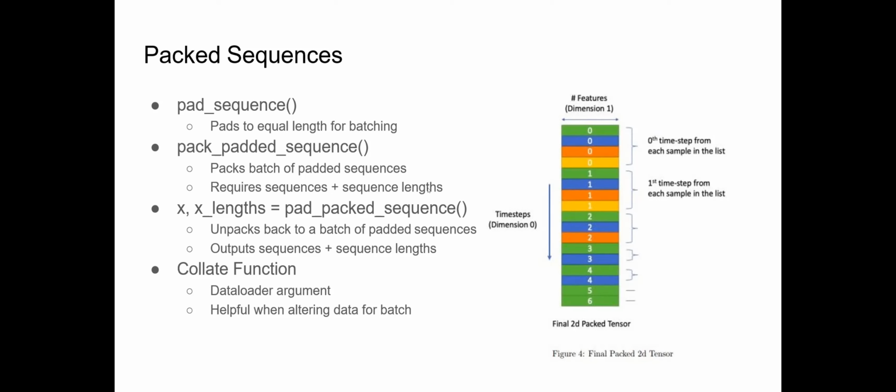This is out of the scope of this homework. I'm telling you that the collate function is generally used to create the batches. Now, up until now, we were just using the init and getitem functions generally before this homework to pre-process the data.